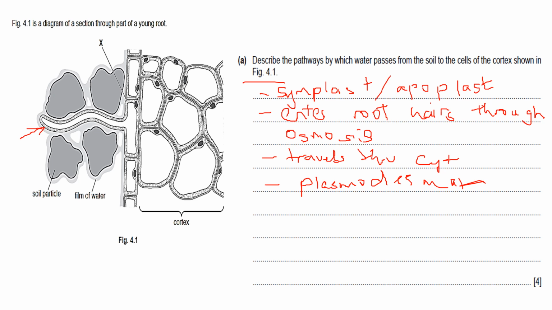Sorry, that's wrong, because if it does that, it's going to interfere, and there might be losses and so on. Sometimes it does that, but in this case, you can say it travels through the plasmodesmata until it gets to the cortex. So when it gets to the cortex, then it can travel through a different means, but traveling through the plasmodesmata is most likely your correct way of putting this, and that should give you 4 marks.